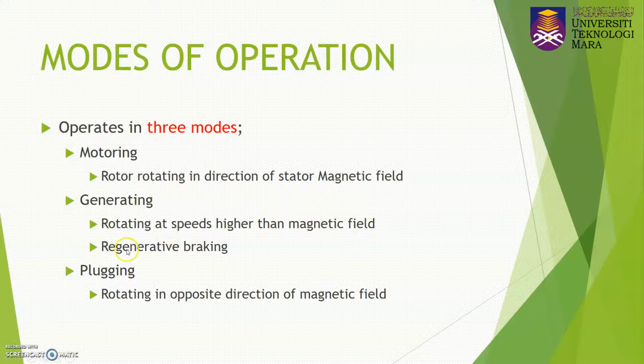We can also call it regenerative braking. In the plugging mode of operation, or braking operation, the rotor rotates in the opposite direction of the magnetic field, meaning that the direction of Nr is opposite to Ns.